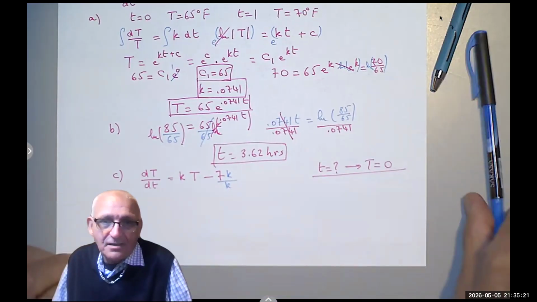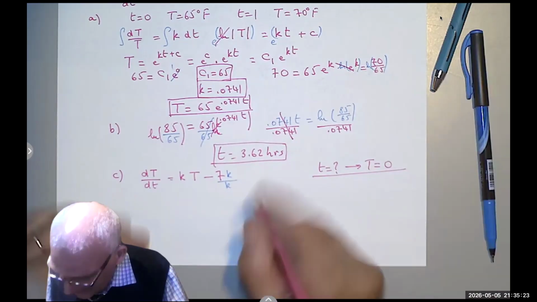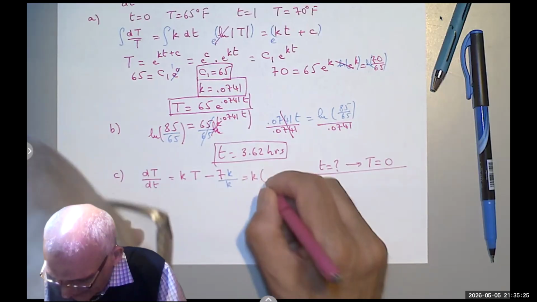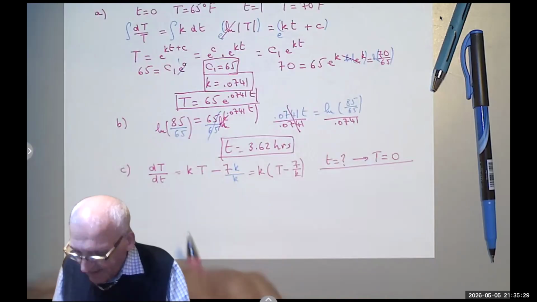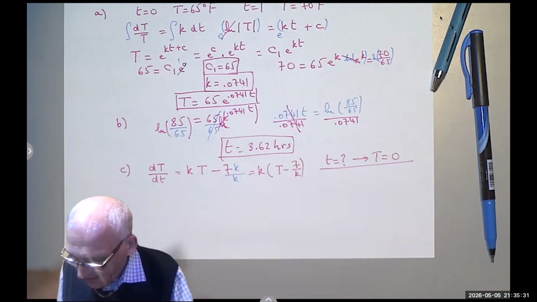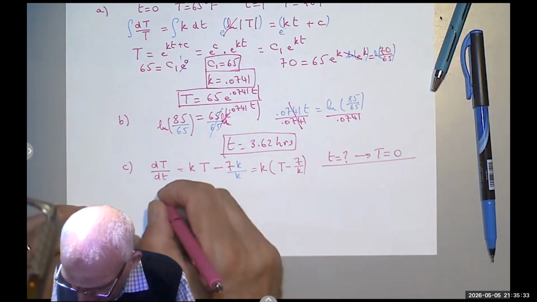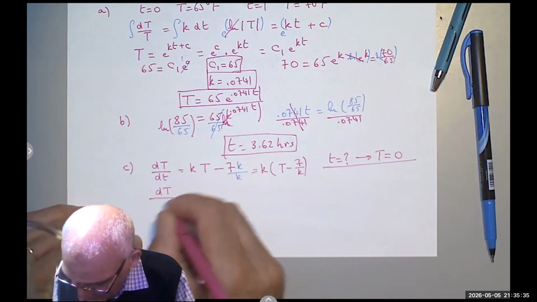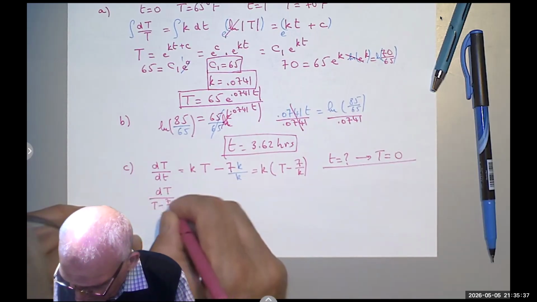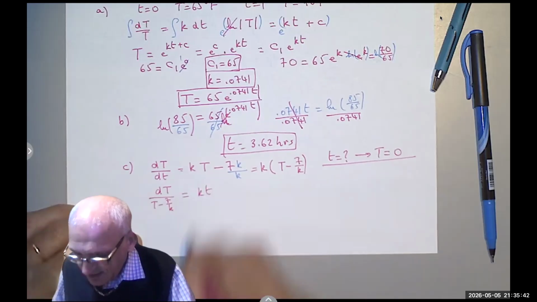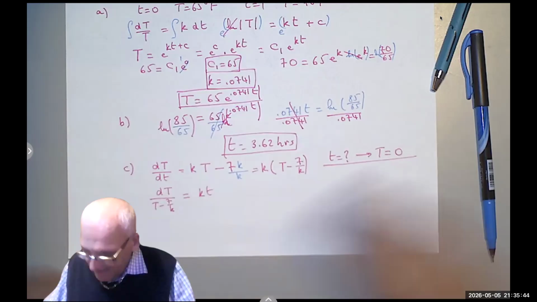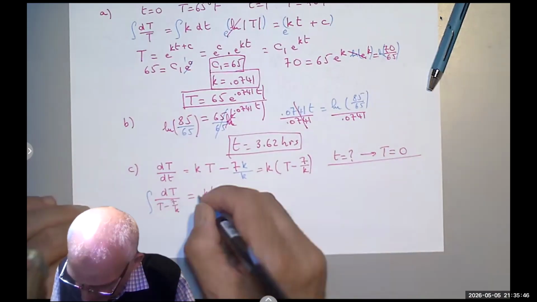I didn't change anything, right? Then factor the k out. So that would give me T minus 7 over k. And now I can divide both sides by T minus 7 over k. So I get dT over T minus 7 over k equals k dt again. And then I'm going to integrate like I did before.